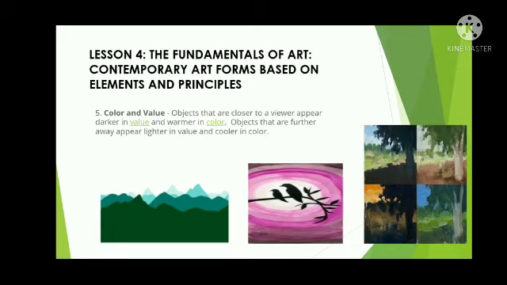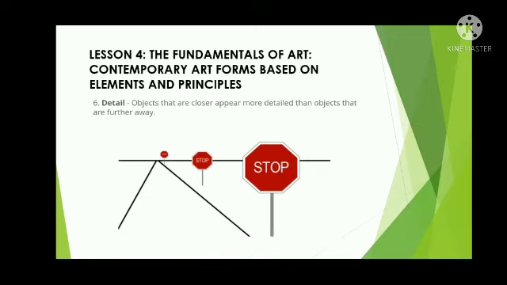Next, we have color and value. Objects that are closer to a viewer appear darker in value and warmer in color. On the other hand, objects that are farther away appear lighter in value and cooler in color. Next, we have detail.